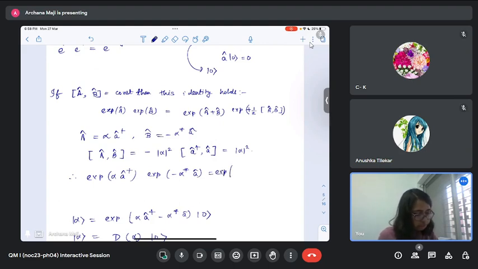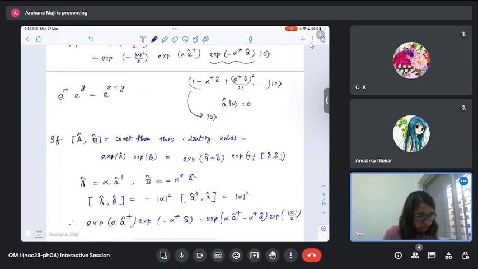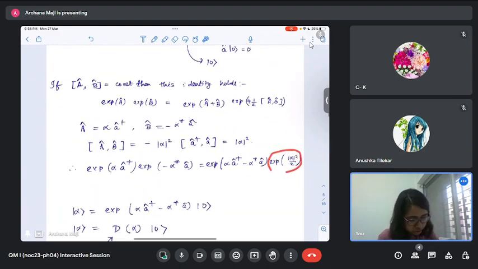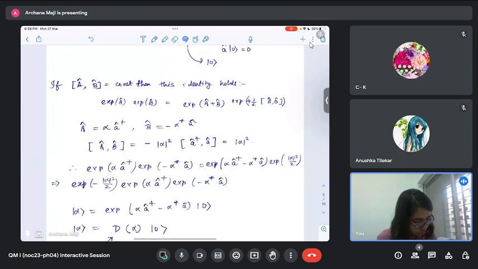It's exponential of A plus B, alpha A dagger minus alpha star A, times exponential of mod of alpha square by 2, but then I can take it to the left, which implies exponential of minus mod of alpha squared by 2 times this entire factor is equal to this term.